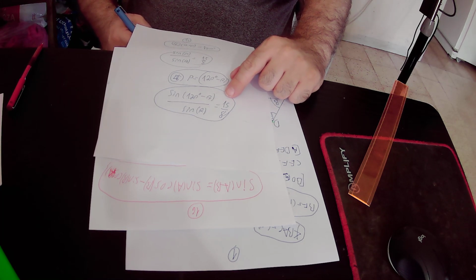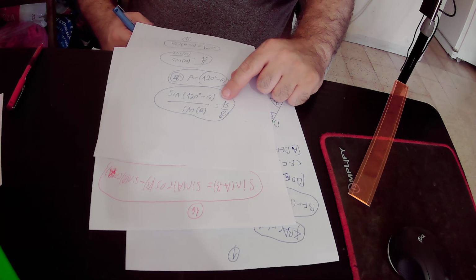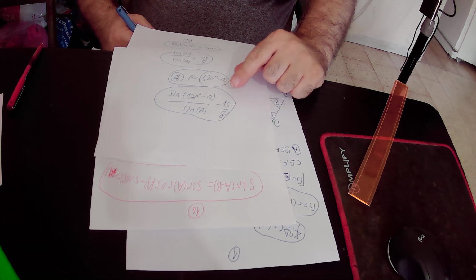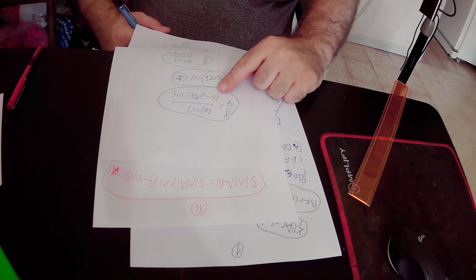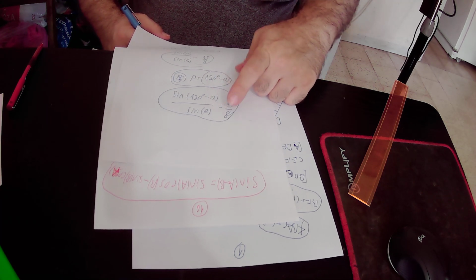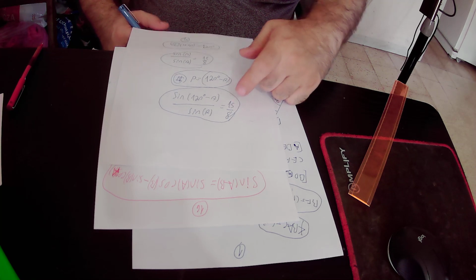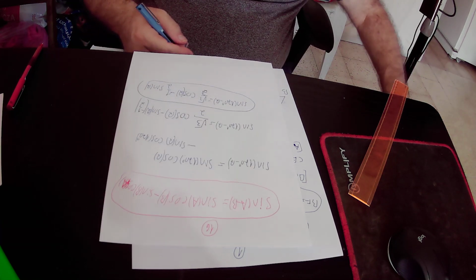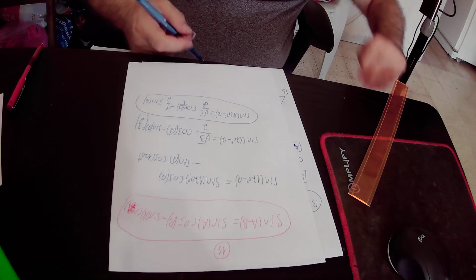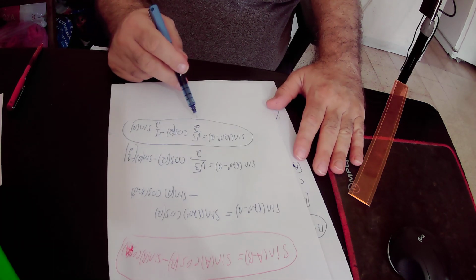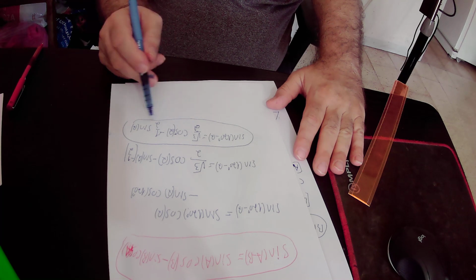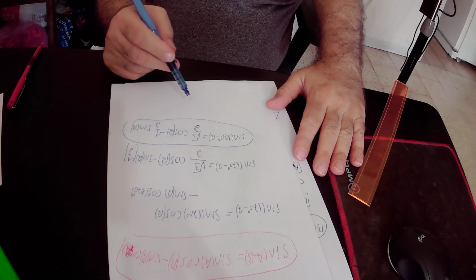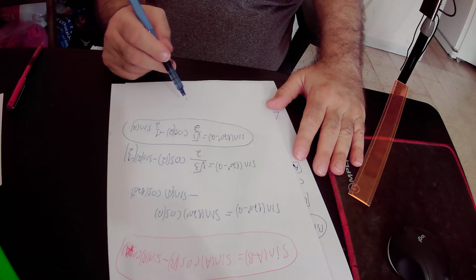We will have to divide sine of 120 degrees minus Q by sine Q, and it equals 15 over 8.